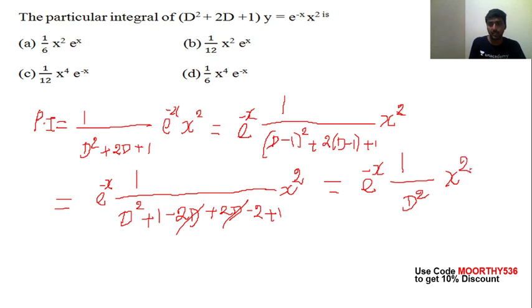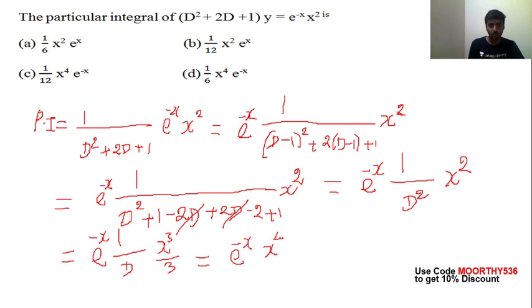The 1 divided by D stands for the integration. 1 divided by D square stands for 2 times integration of the given function. So now, one time integration of x square gives x cube divided by 3. Again, second time integration gives e power minus x into x power 4 divided by 3 into 4.